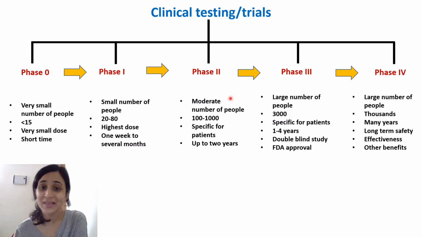They are usually given the same dose that was found to be safe in the previous phase, that is phase 1. Now, participants should be monitored for several months or years to see how effective the vaccine is, and we need to gather more information about any side effects it might cause in these patients.